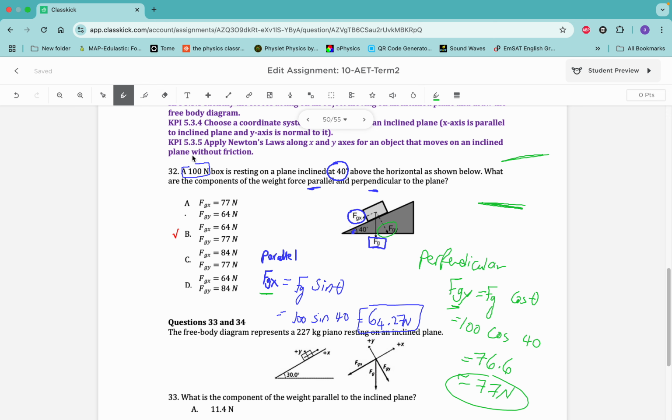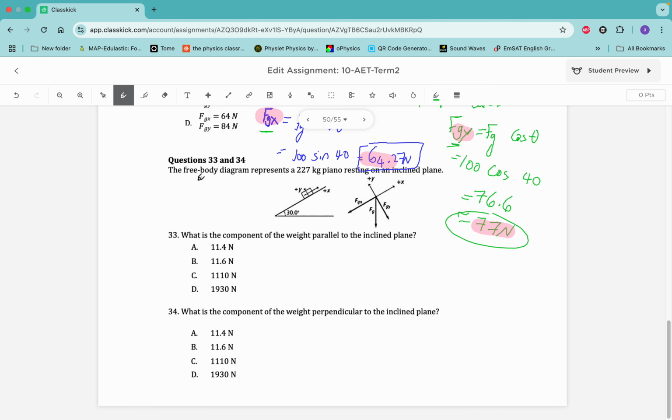So the correct option, as we can see here, is 64 for the x component and 77 for the y component.